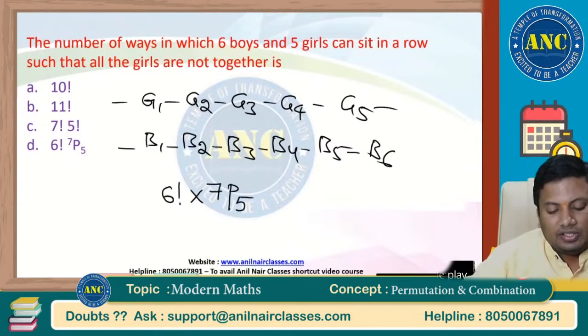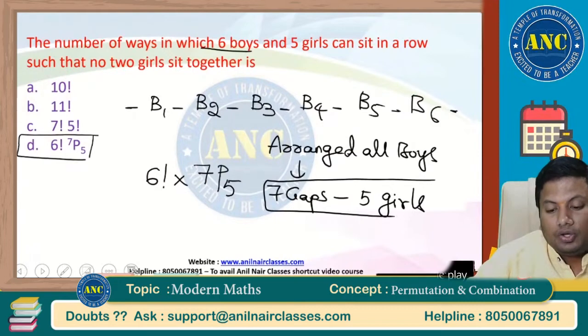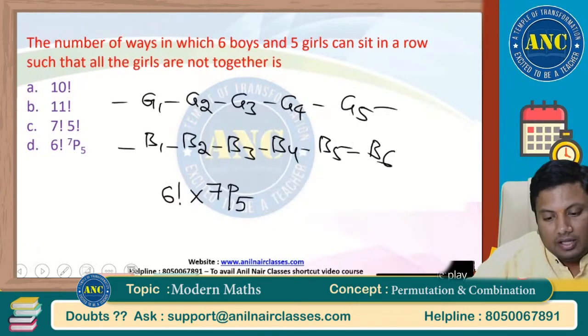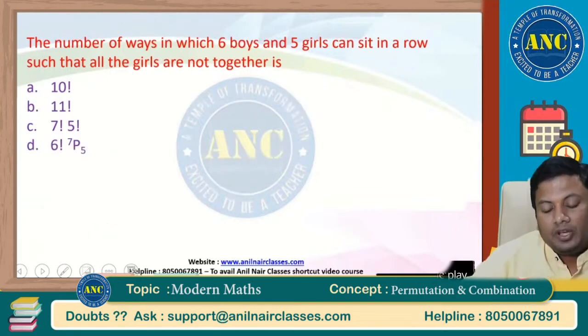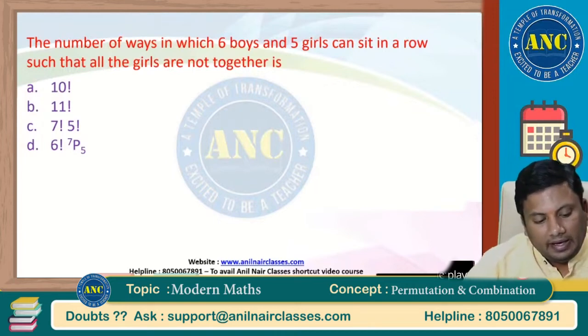So answer is 6 factorial into 7P5. What is the difference between this question and no 2 girls sit together? This I solved. Such that all the girls are not together.